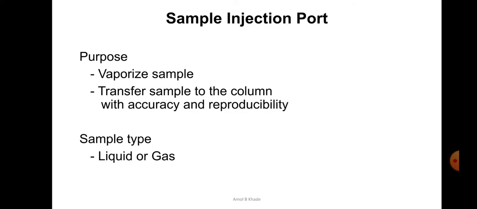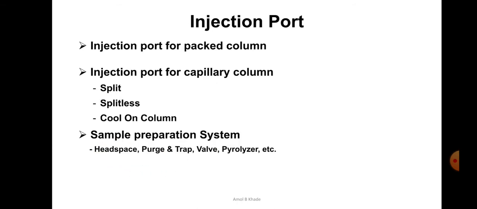When we have a solid sample, we need to dissolve it using a particular organic solvent, and then we can introduce that liquid through a needle into the sample injection port, where the liquid will get volatilized, converted into a vaporized form, and then introduced in the column. If you have a gaseous sample, you can directly incorporate it into the column using this sample injection port system. So keep in mind, the sample should be converted either into a liquid or into a gaseous form.